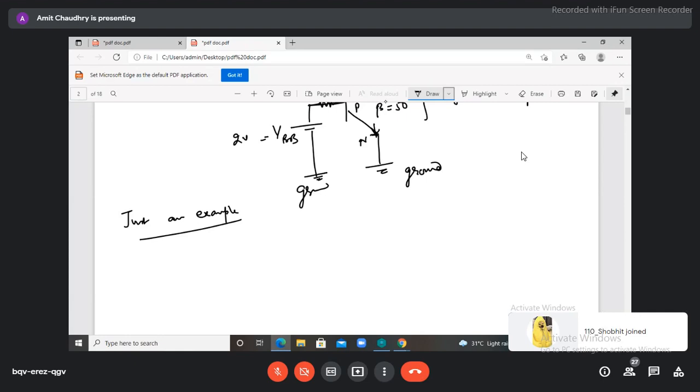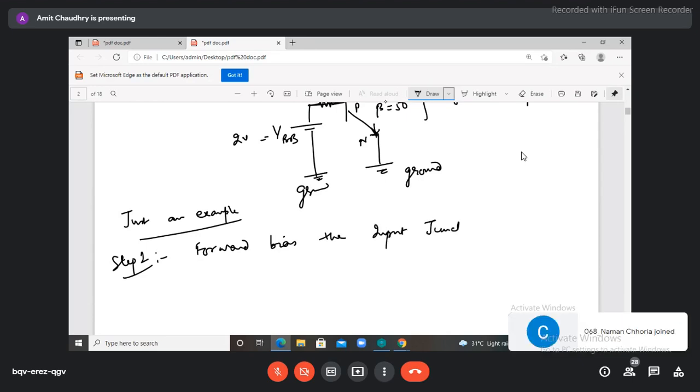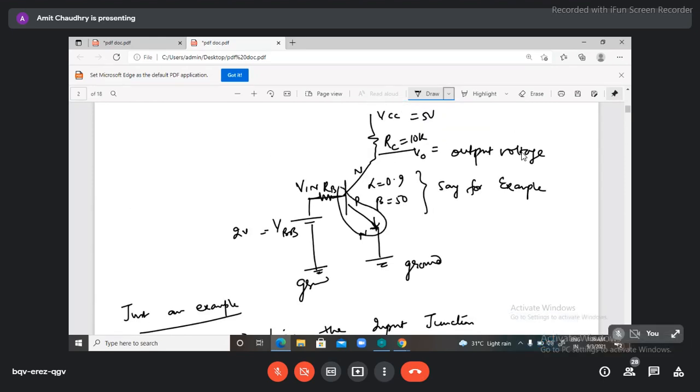Now, first, step one, forward bias the input junction. Now this is the input junction. This is NPN.